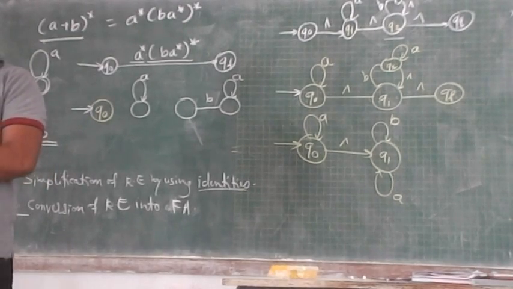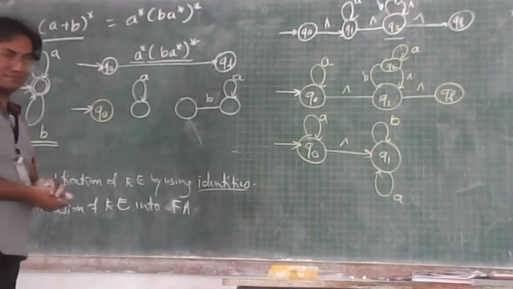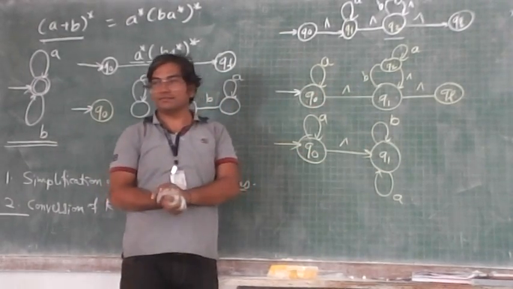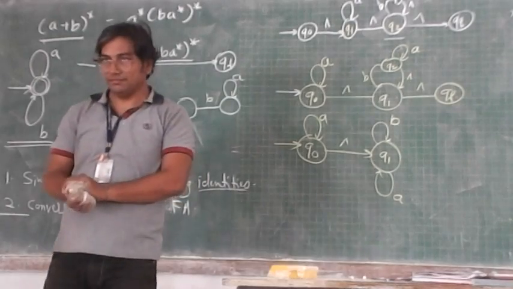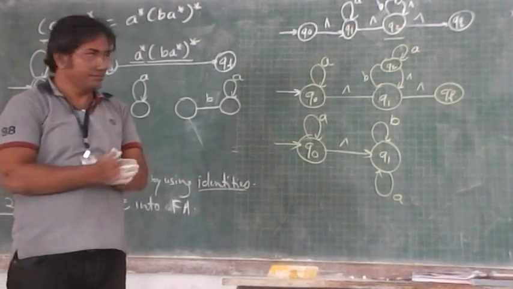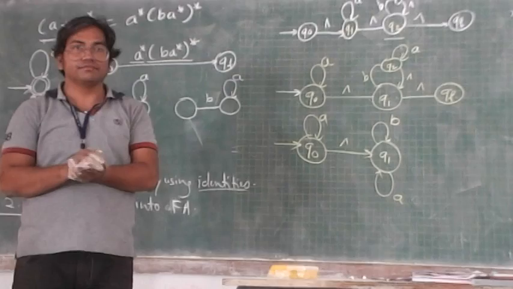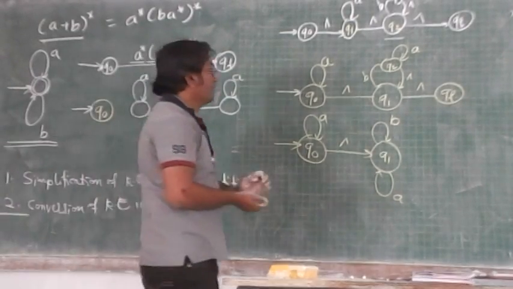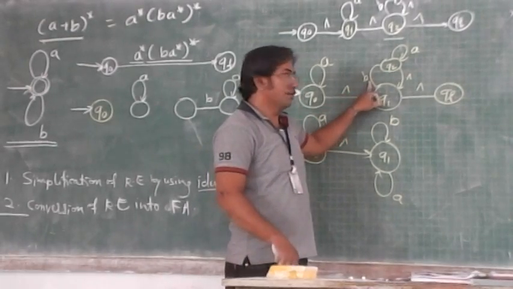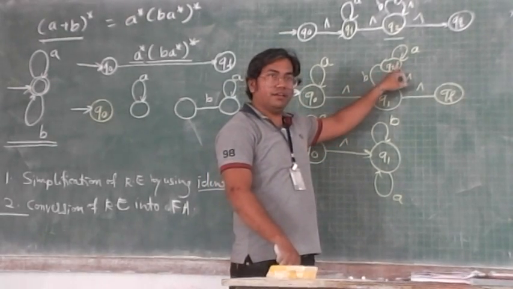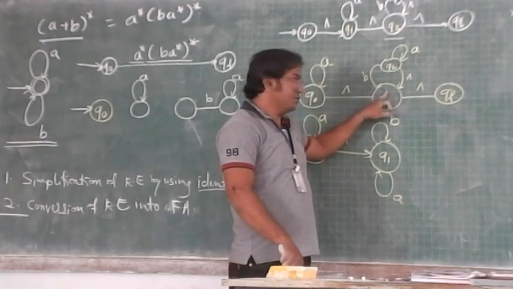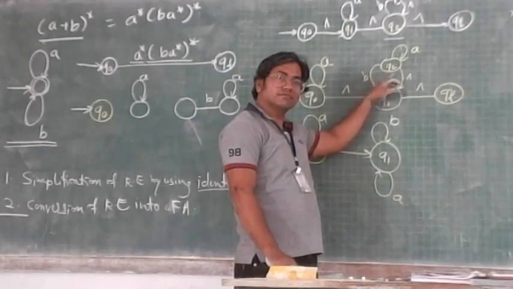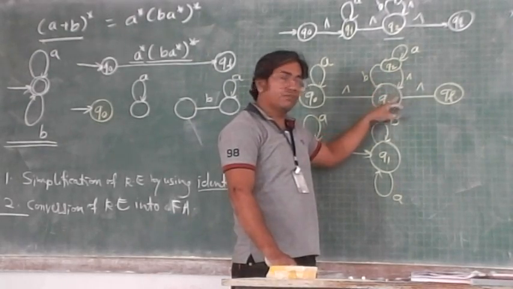There is a mistake. What is that mistake? Is it equivalent to this one? B has to be taken only once. B is taken once, then A, then we come back to the Q1 state. Then again I can get B. Any number of times B's I can have.